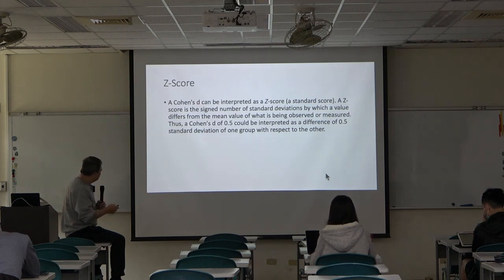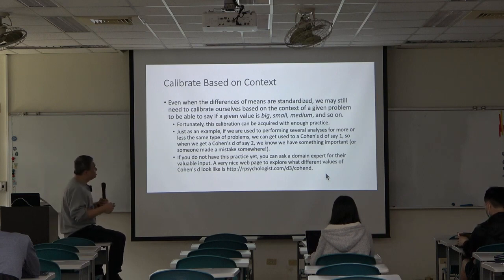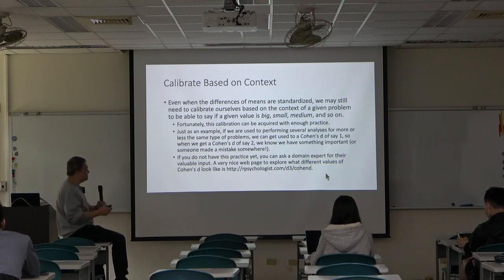So when the differences of mean are standardized, just like Cohen's d, we may still need to calibrate ourselves based on the context of a given problem to be able to say if a given value is big, small, or medium. This calibration can be acquired with enough practice. For example, if I perform several analyses for more or less the same type of problems, we can get used to a Cohen's d of, for example, 1.